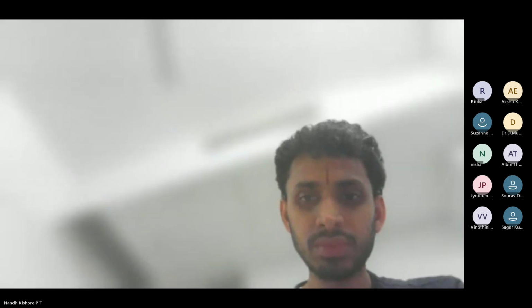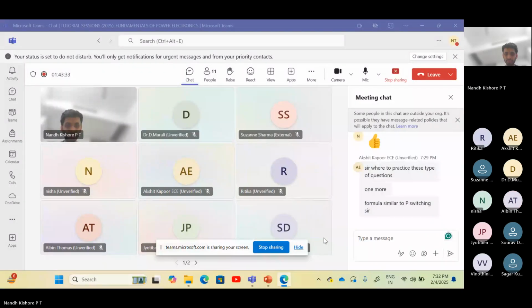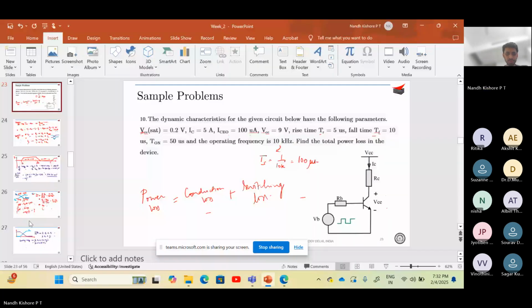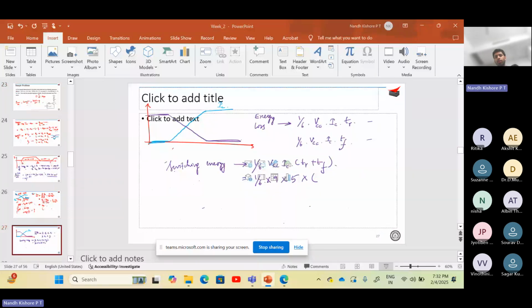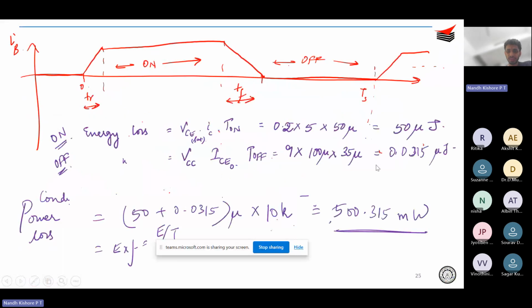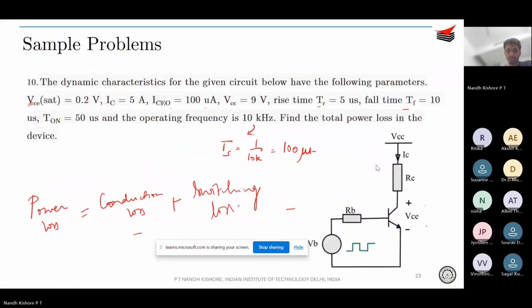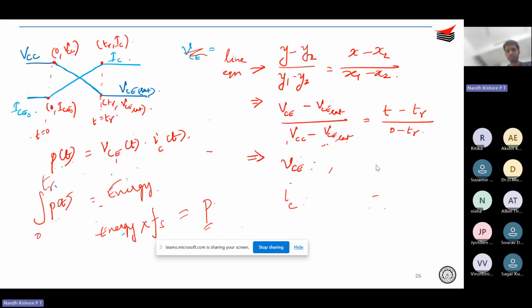What are TR and TF? 5 micro and 10 micro.